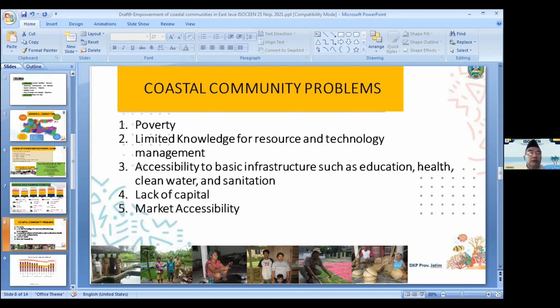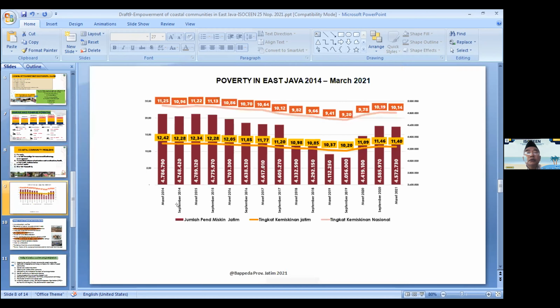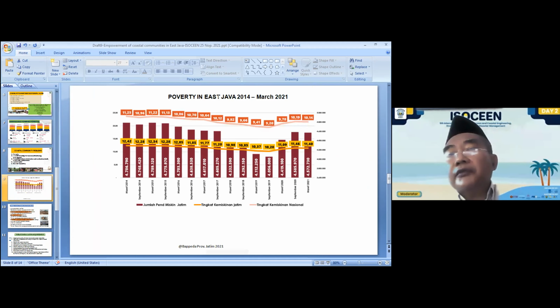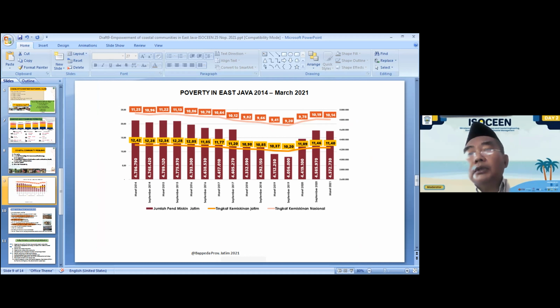Okay, next slide. I want to show the poverty in East Java, from 2014 till 2021. This is the data from 2021. We can see that the brown one is the number of poor people in East Java, and the yellow one is the poverty level, if we compare East Java with national Indonesia.